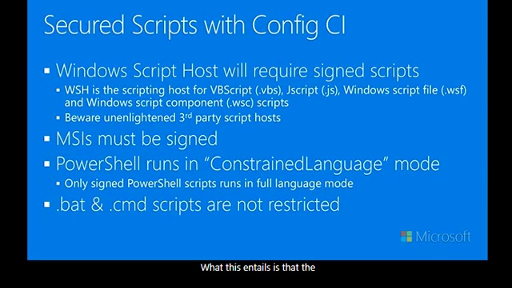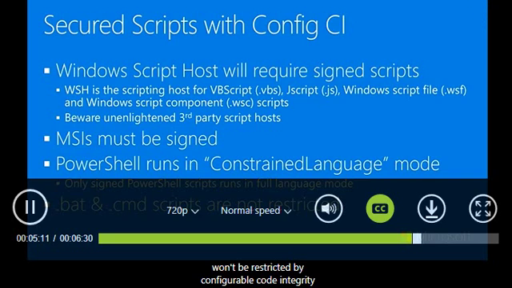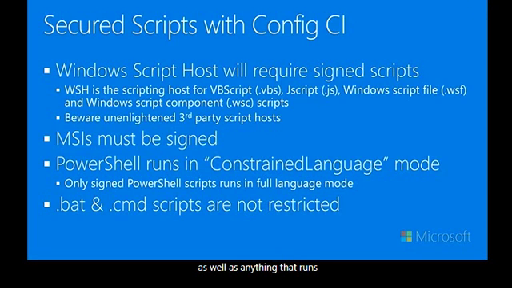What this entails is that the Windows script host will only be able to run scripts that are signed, and also Microsoft installers, MSIs, must also be signed, and also PowerShell scripts can only run in full language mode if they're signed. Otherwise, the PowerShell commands will run in constrained language mode. Finally, .bat and .cmd scripts won't be restricted by configurable code integrity, as well as anything that runs under a third-party script host.